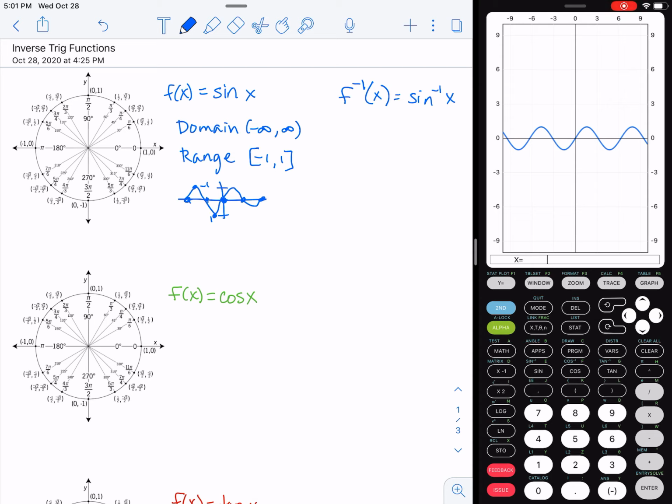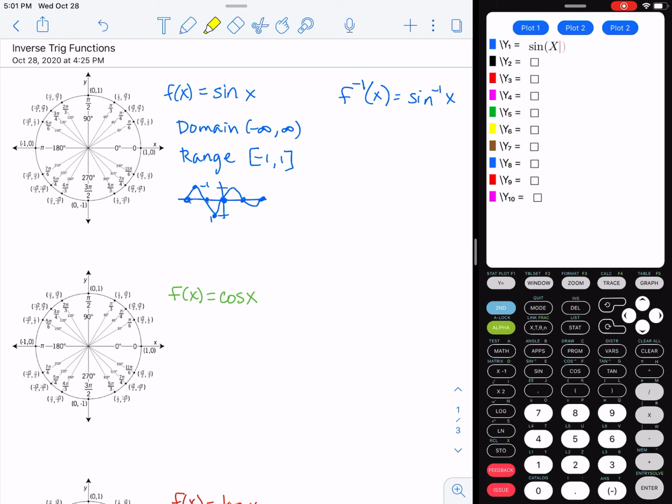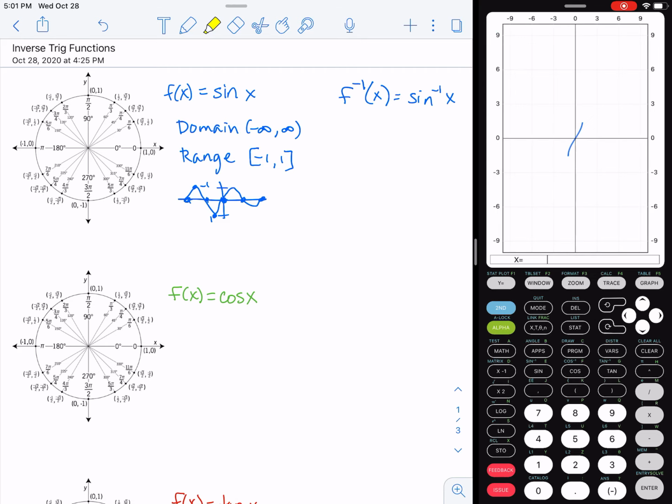Here's the other one. So here's what I know, in order to get this inverse sine, I have to restrict the domain of the sine function to just this little section right there.